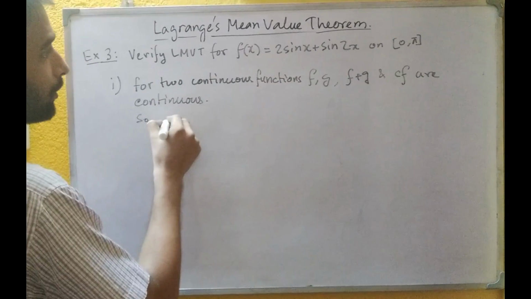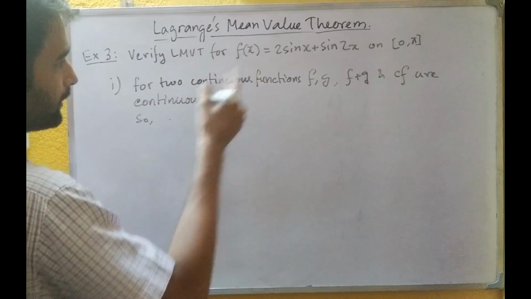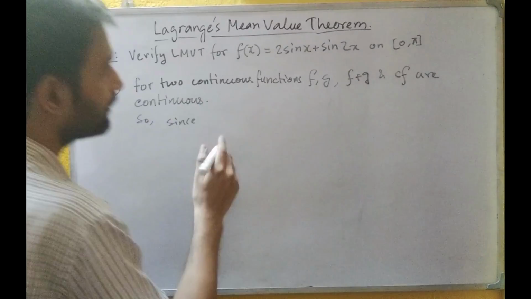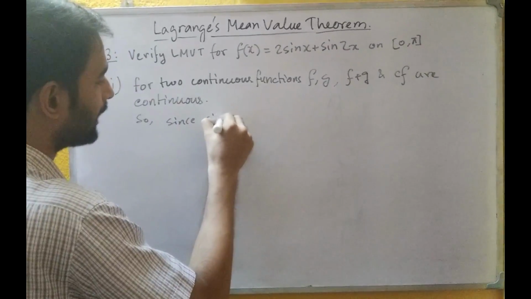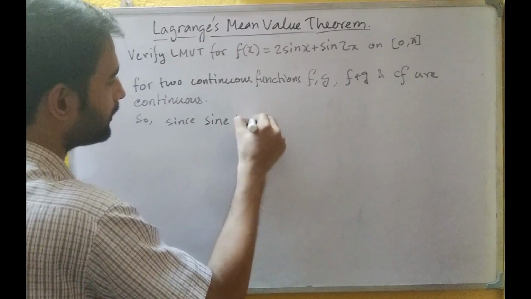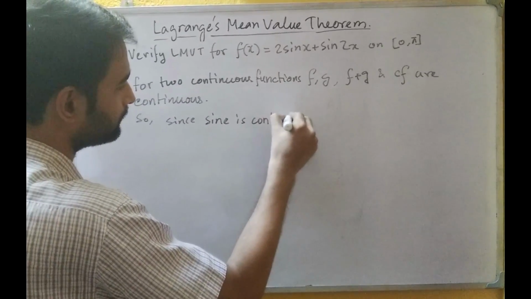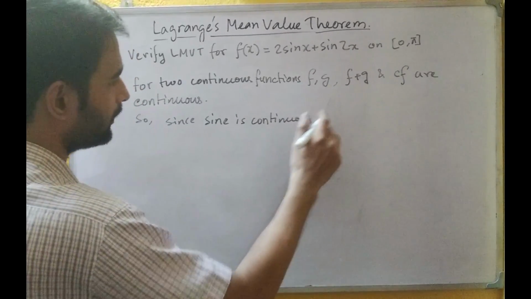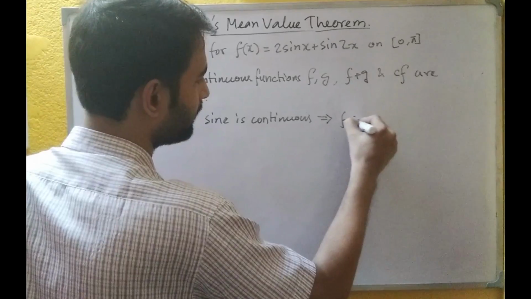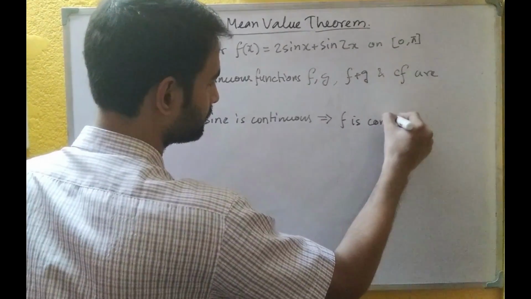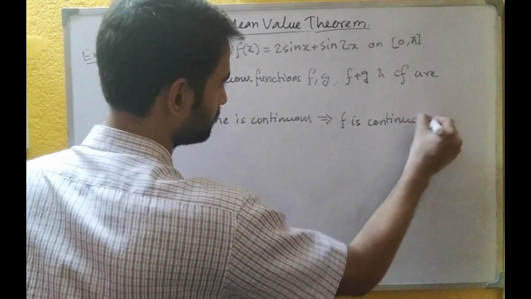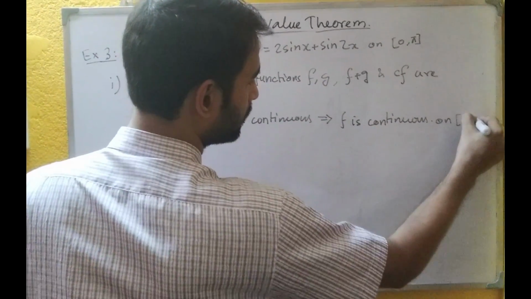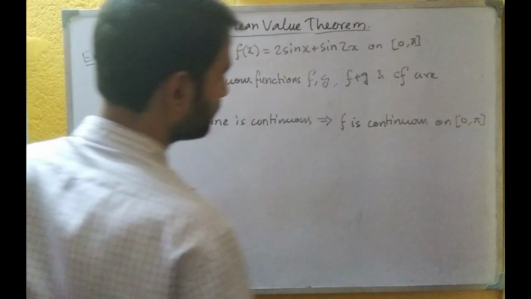So we can straightforwardly say from here, since sine is continuous, it is continuous on the closed interval 0, pi.